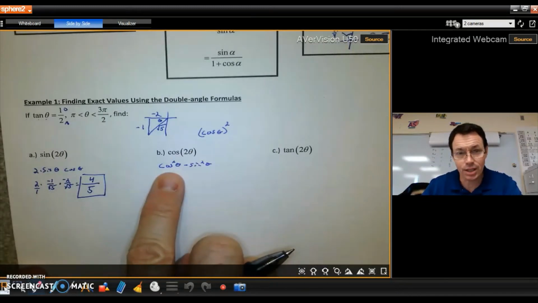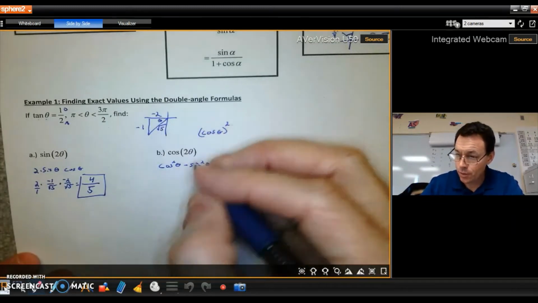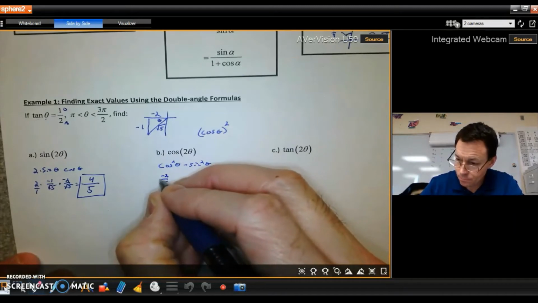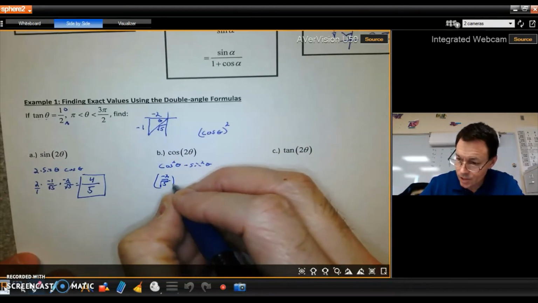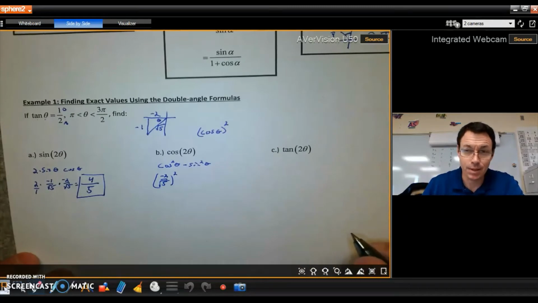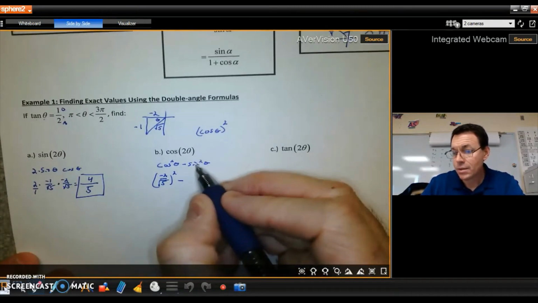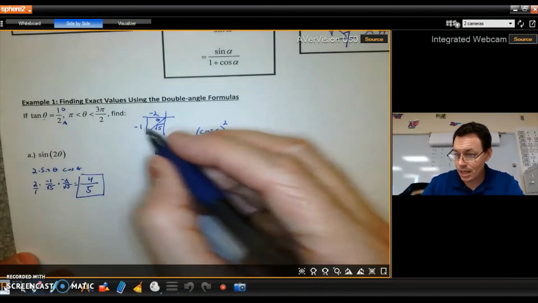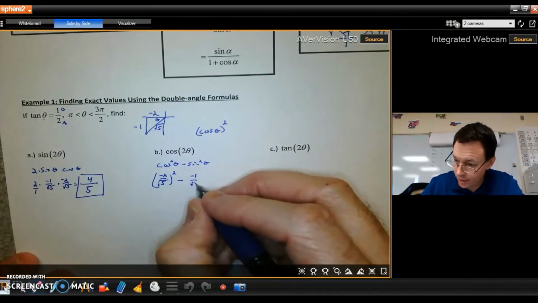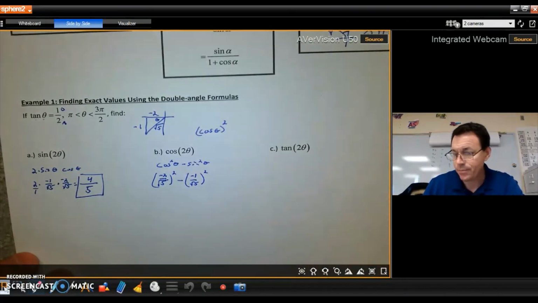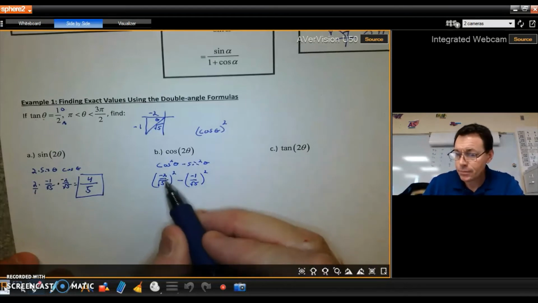Take the cosine of theta, which is negative 2 over radical 5, and square that answer. Minus the sine squared of theta. So take the sine, negative 1 over radical 5, and square it. But then watch what's going to happen.